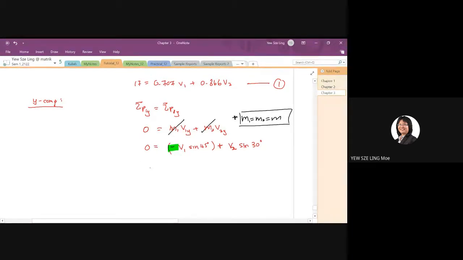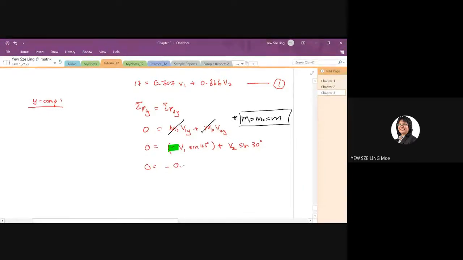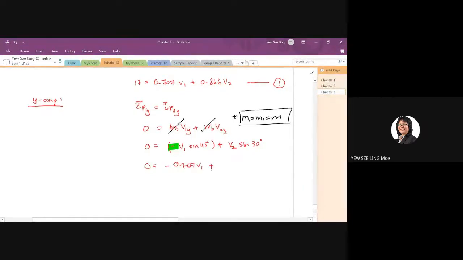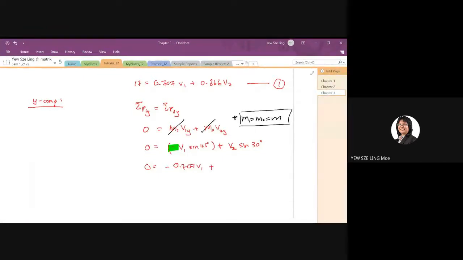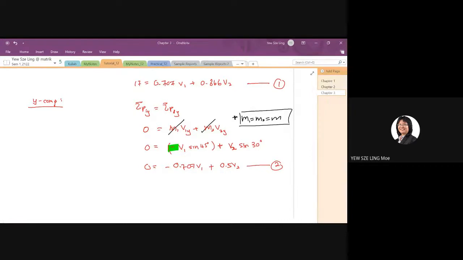So now you have 0 equals negative 0.70 V1 plus, sine 30 degree, you will have 0.5 V2. This is your second equation. Now that you have two equations with two unknowns, you solve the simultaneous equations.